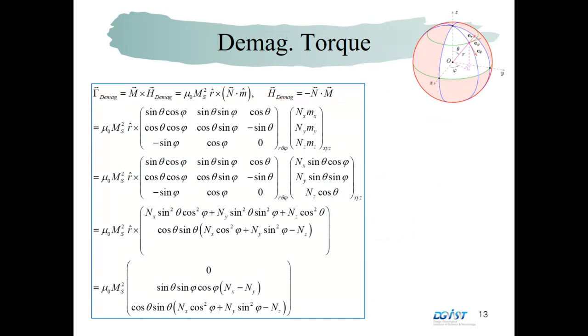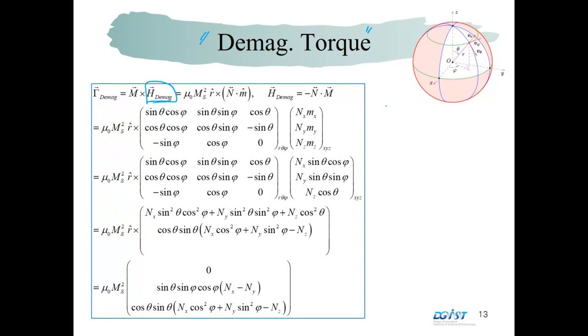That's a little bit difficult one. If we define the damping and the dynamic field, which one is generated by the shape anisotropy, we have a torque because of this H dynamic field. That's a little bit difficult part, but very important in the domain motion.